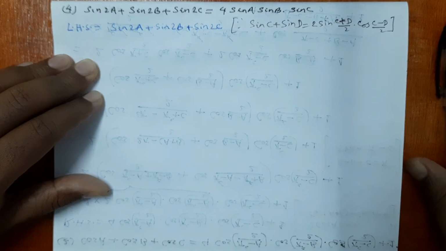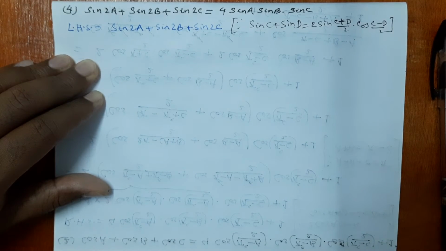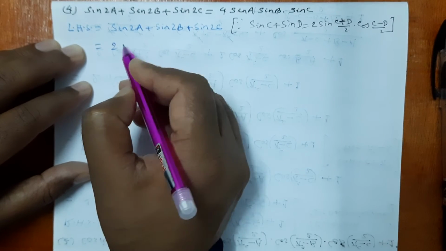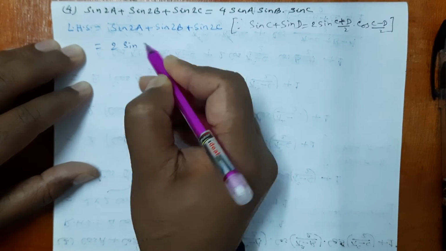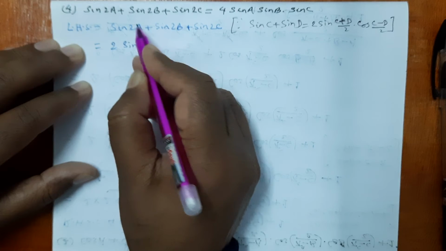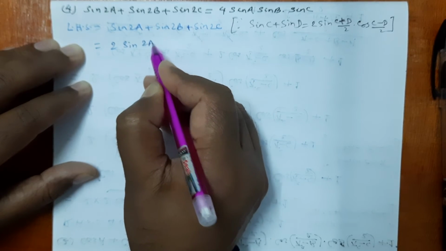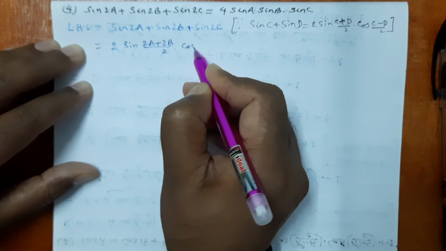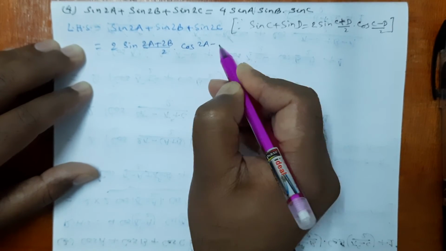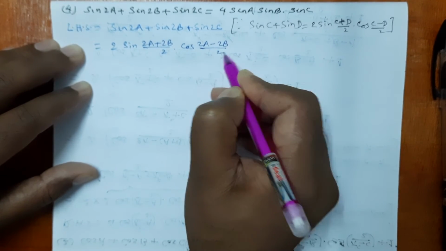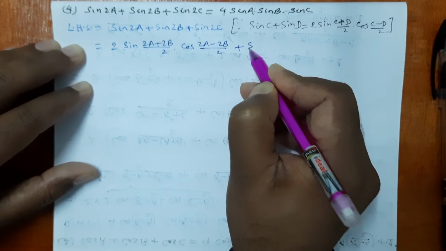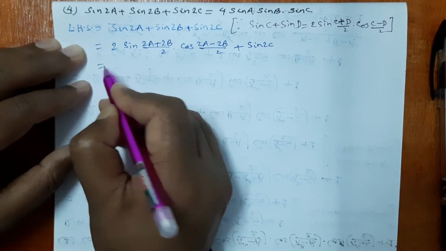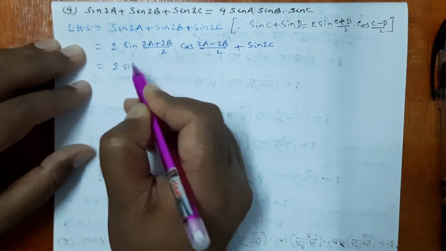Using that formula we can write 2 sin (2A plus 2B over 2) cos (2A minus 2B over 2) plus sin 2C.